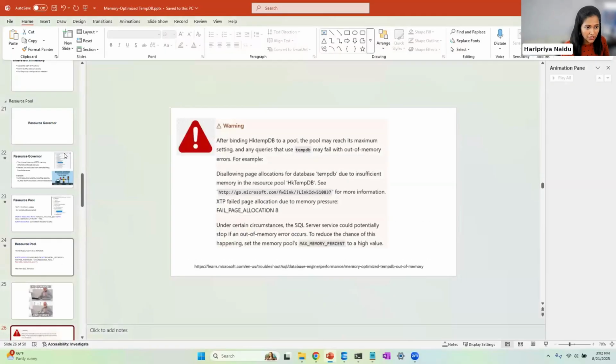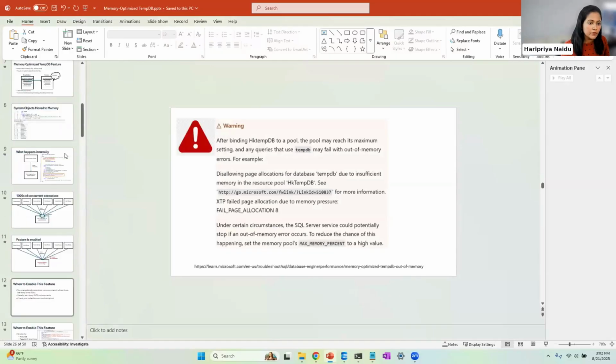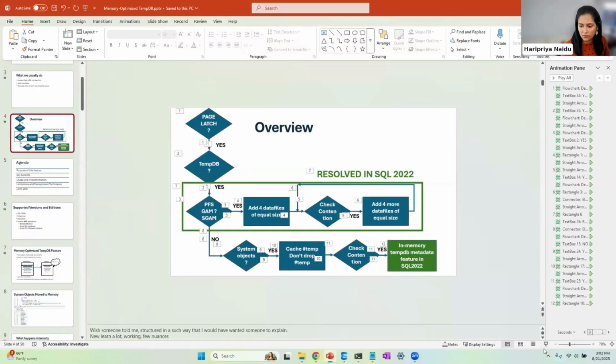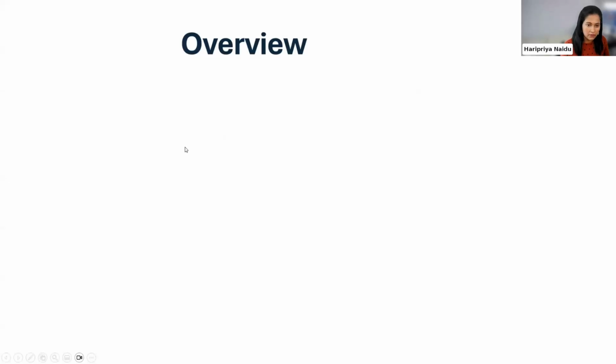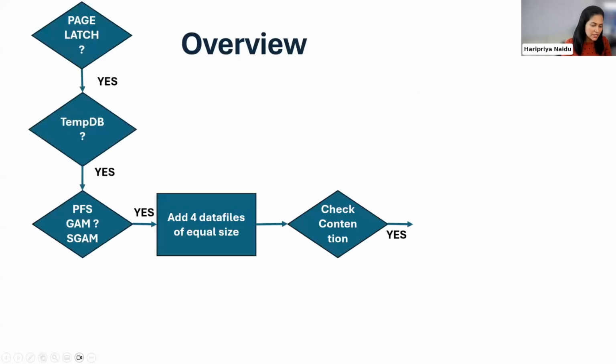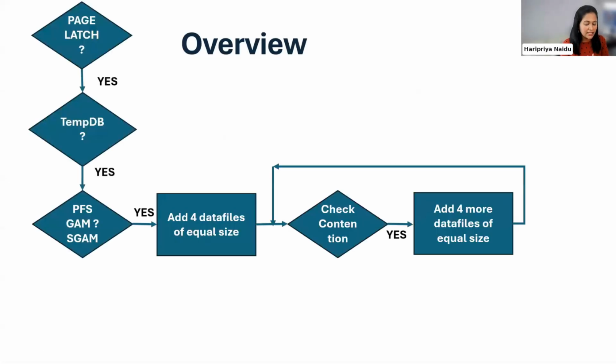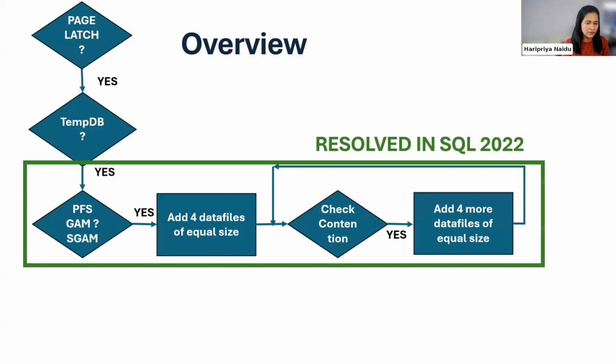Let me go back to this flow chart here again. If the question is whether 8 data files is enough, on 22 you don't have to add anything. The engine gives you enough number of files and you don't have to add anything at all. That data file contention part is resolved.